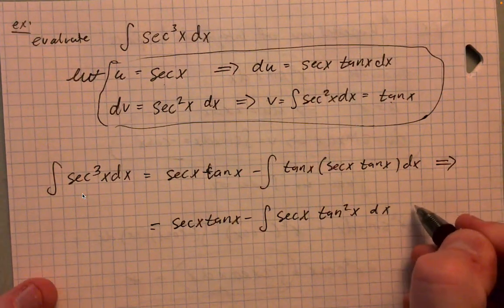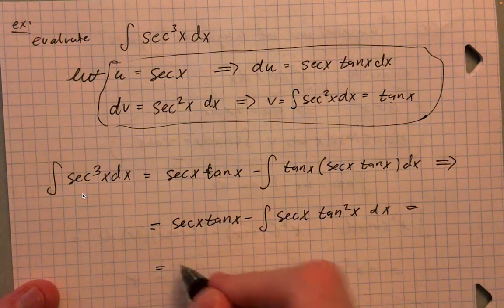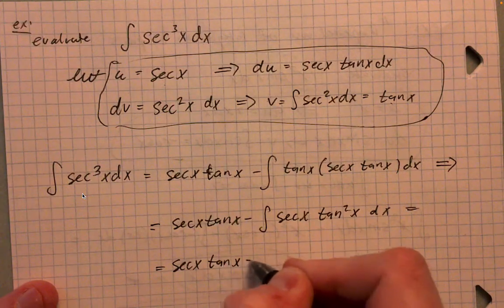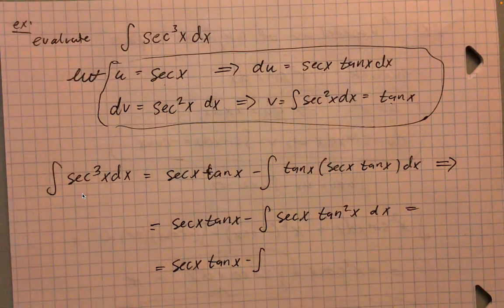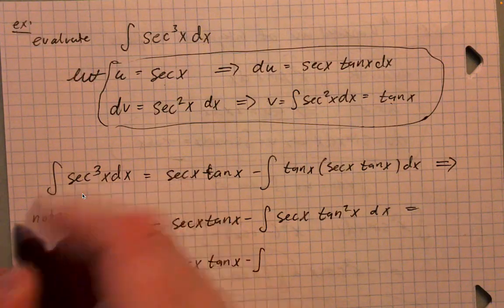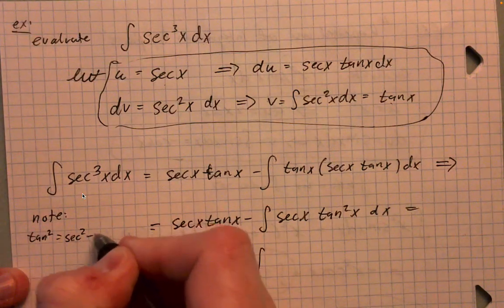And this may not look great, but look what happens here. We can pull out some trigonometry. And so instead of the tangent, we can use the Pythagorean identity to write secant squared x minus 1. So I'll just put that over here. Note that tan squared equals secant squared minus 1, right?